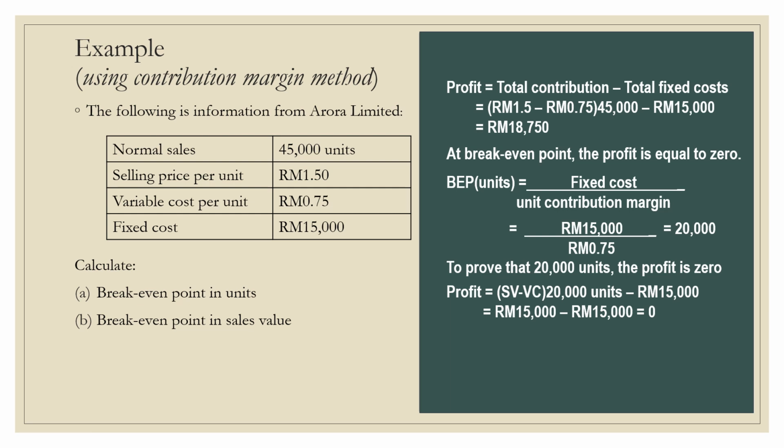So you get 75 cents, you multiply by the 20,000 units, and then you minus the 15,000, and you will get your answer, which is 15,000 minus 15,000 becomes 0. To get the break-even point in sales value, you take 20,000 times the selling price per unit, and then you get 30,000.